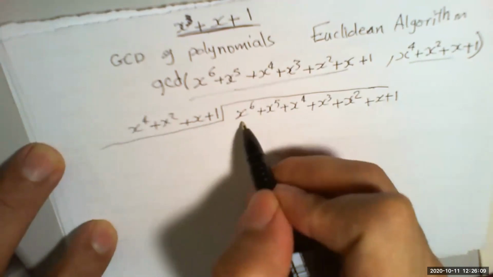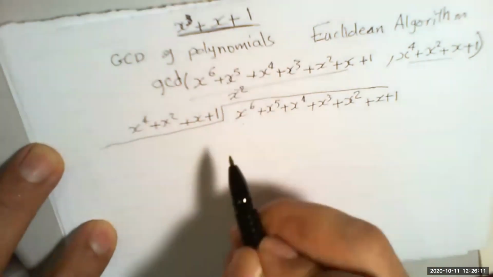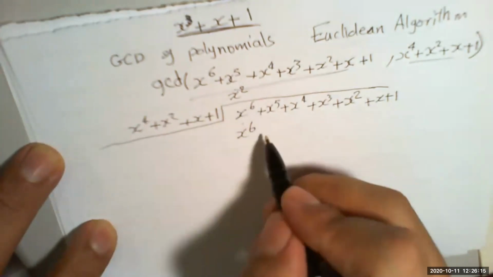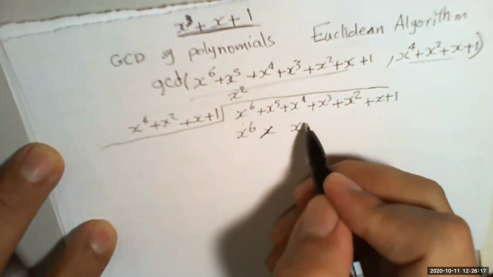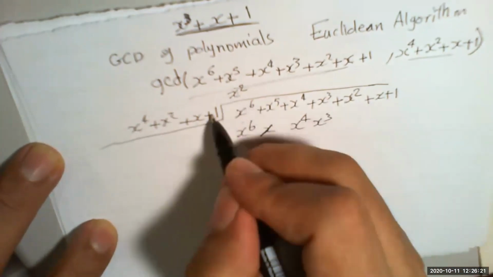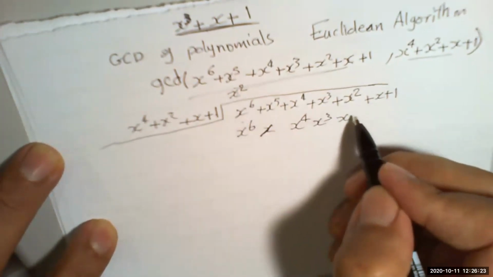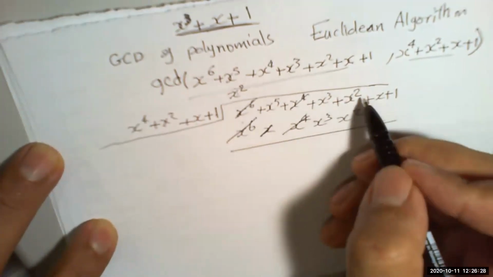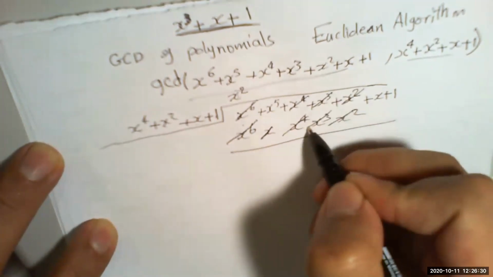How to get that one? x^2 times x^4 is x^6, and that is x^4, and that is x^3, and that is x^2. Okay, I remove that with this, that with that, that with that, here with that.